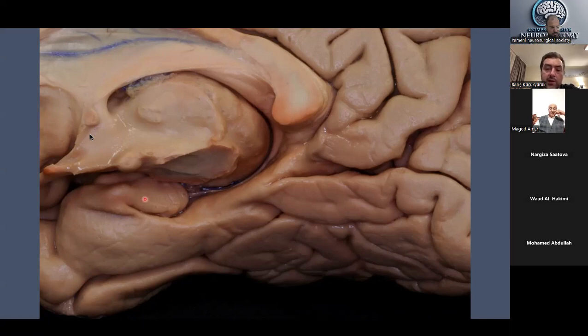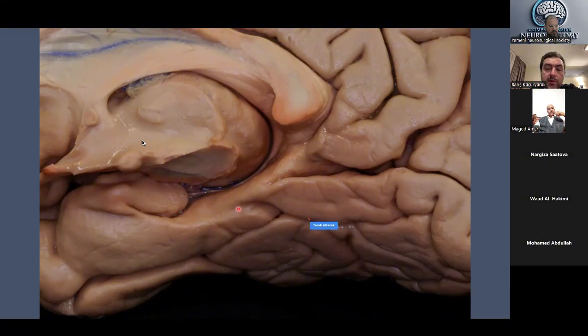Main structures of this surface are the uncus here and the parahippocampal gyrus. There is much more detail, which we'll be seeing subsequently, but let me recall that the structures of the surface are involved both in memory, with the uncus and hippocampus, and in visuospatial processing.